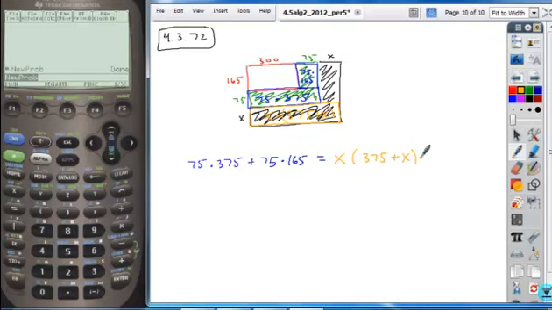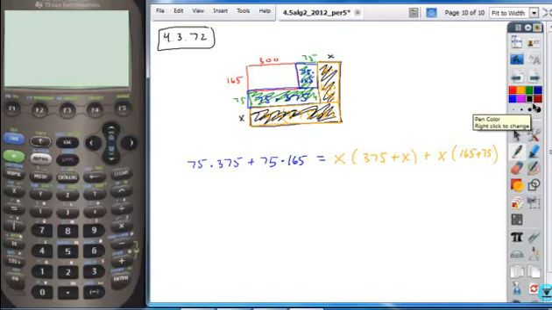There's one of our rectangles. And then to this, we're going to add this other rectangular region, which is x times the quantity 165 plus 75. Okay, and so here is our equation.